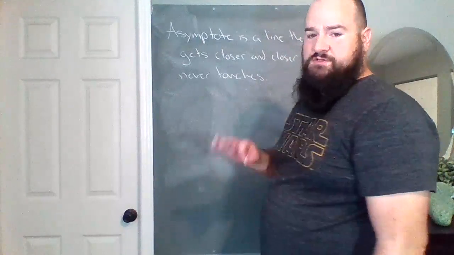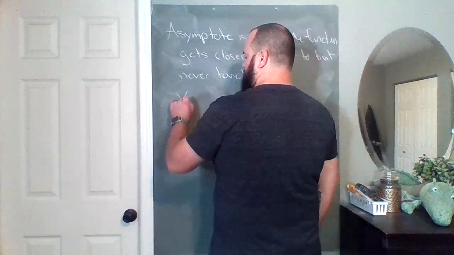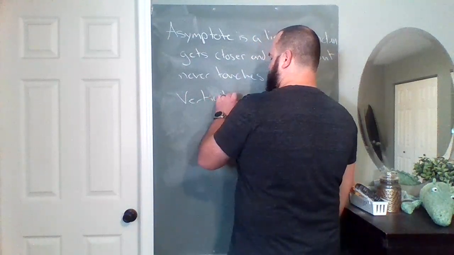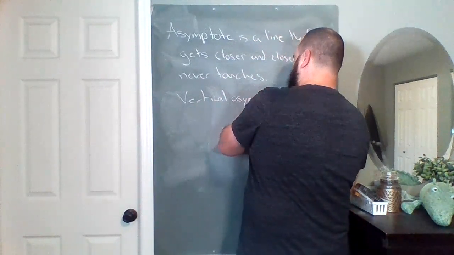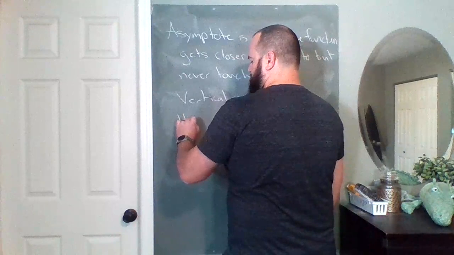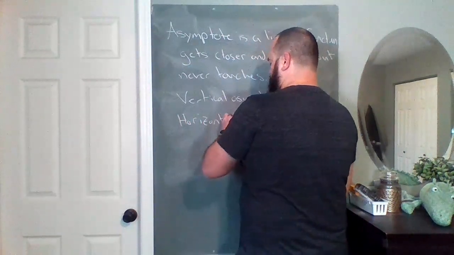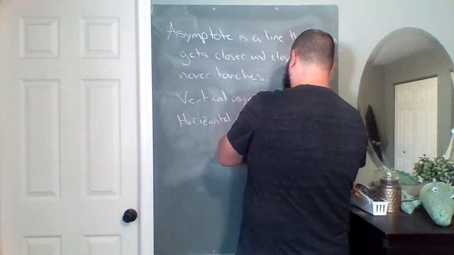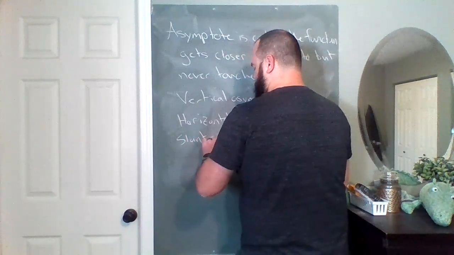Now, with rational functions, there are 3 different types of asymptotes: vertical asymptotes, horizontal asymptotes, and slant asymptotes.